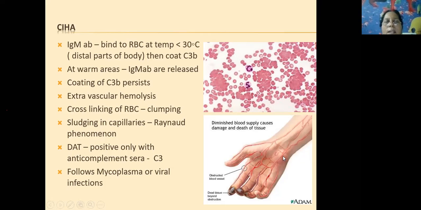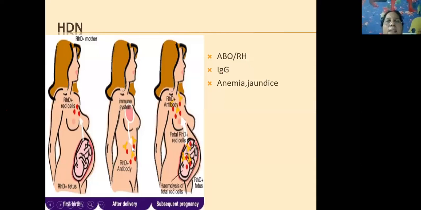So here the Coombs test is positive against complement. It occurs after mycoplasma or viral infection.